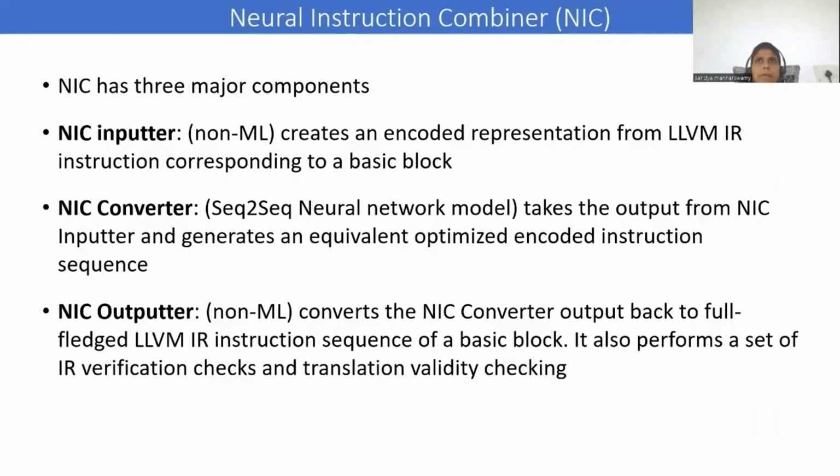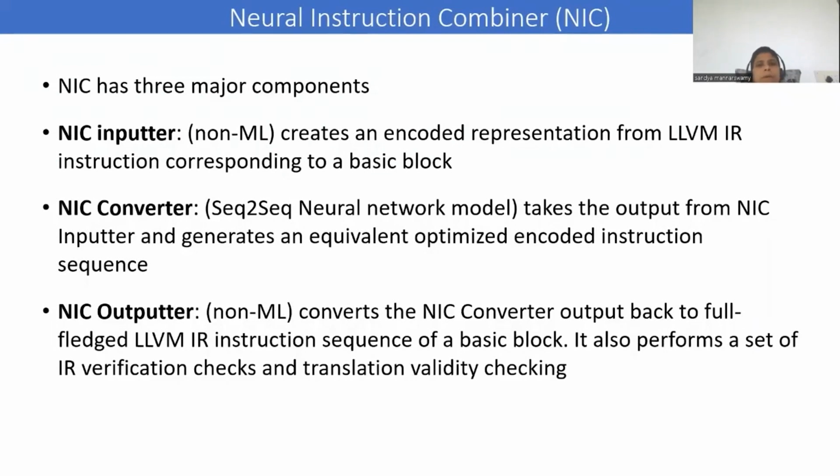The reason we do this is that the standard LLVM IR instruction contains a number of items which are not really needed for the instruction combiner. The instruction combiner is typically concerned with the opcode of the instruction, the type of the operands, and the operands themselves. It is not very much interested in the instruction completers, and in some cases the debug information or the metadata associated with an instruction.